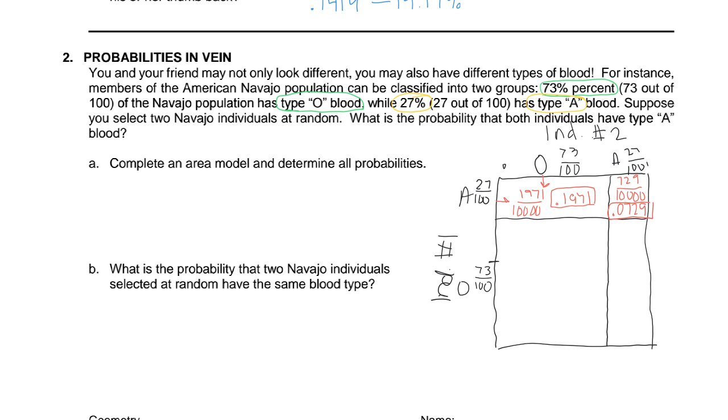Where O intersects with O down here, we would have 73 times 73, which gives us 5,329 over 100 times 100, which is 10,000.